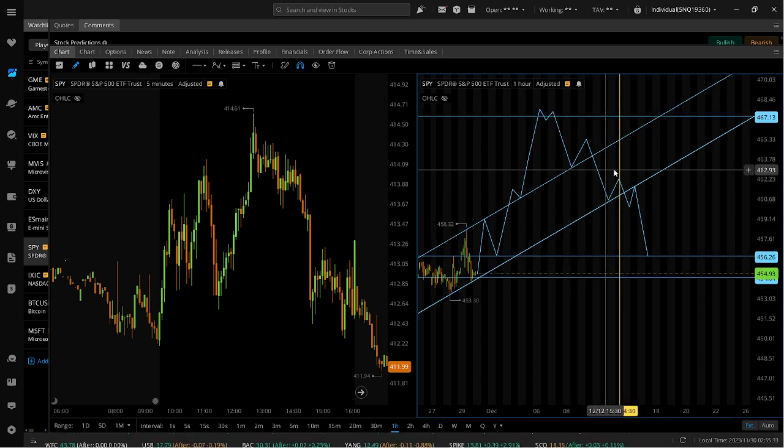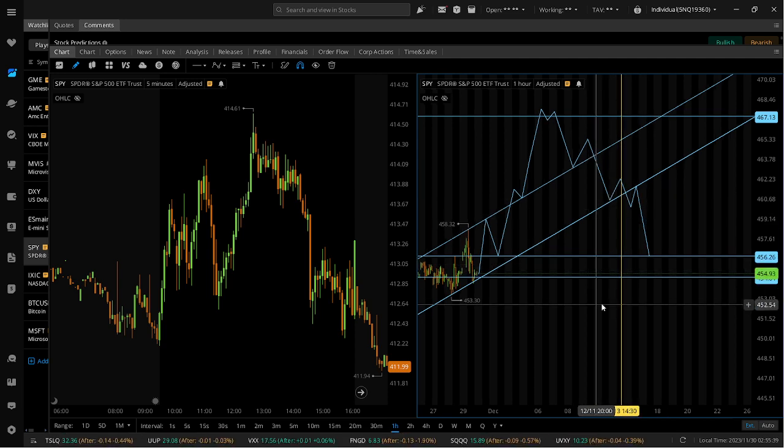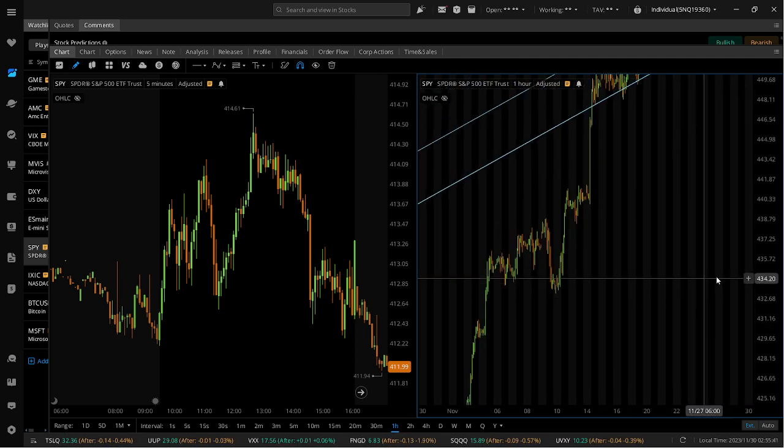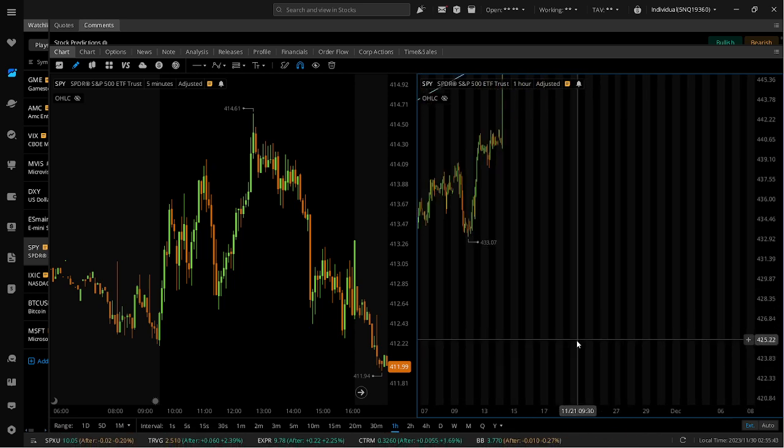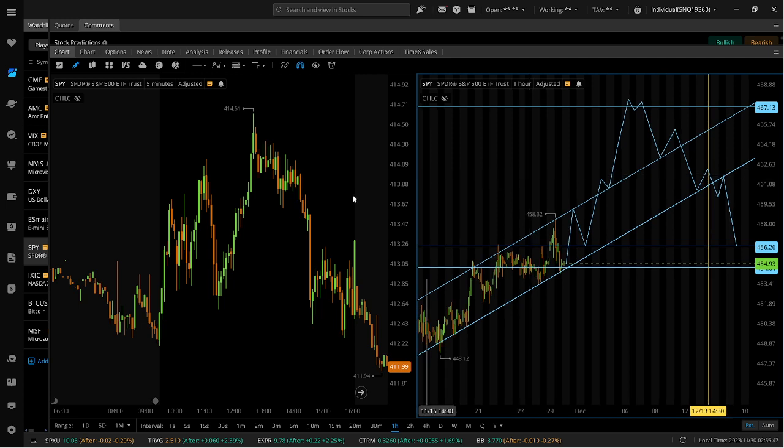Either way, whatever their decision is, I'm going to have conviction on a full retrace of this entire structure. So that's just kind of what I'm thinking about.